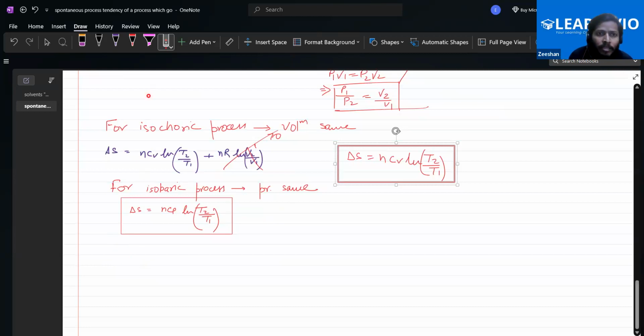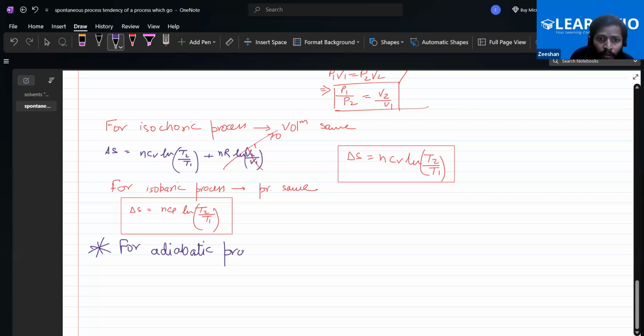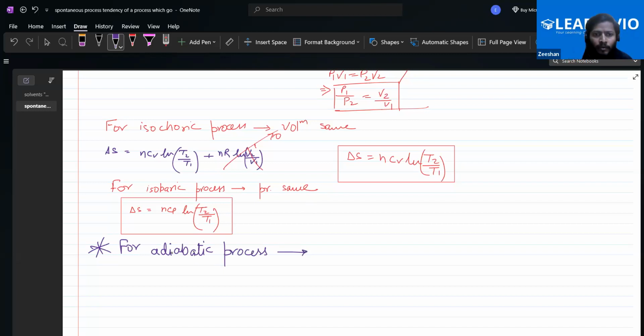And finally, this one is very, very easy. For this one, I am putting a star. For adiabatic process, what is same? What is same in adiabatic process? Heat exchange.